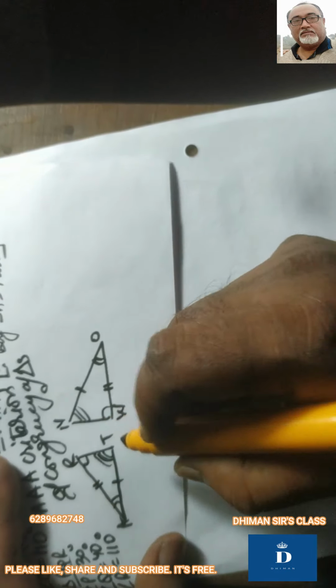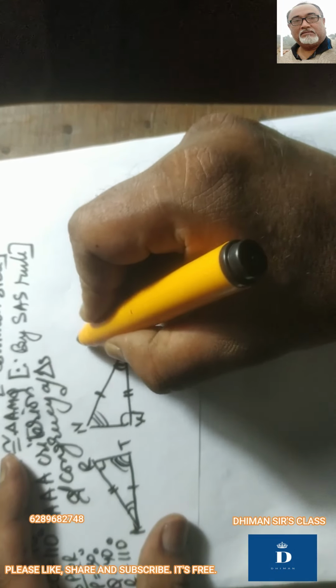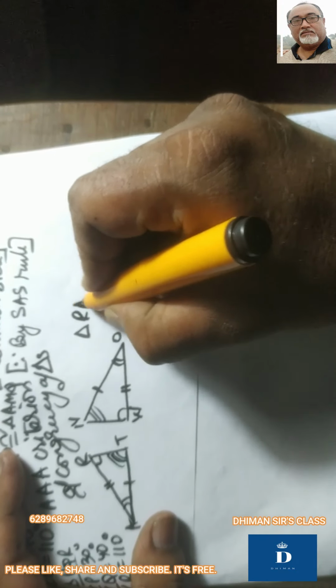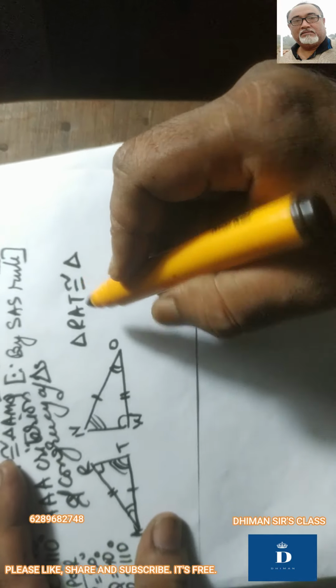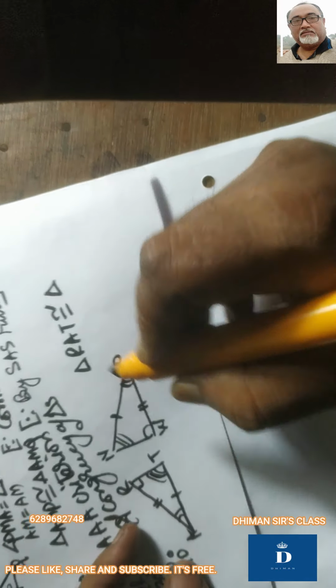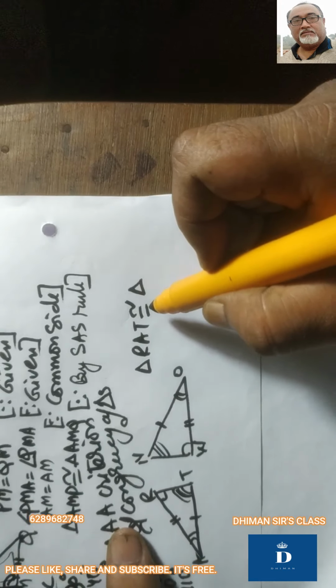Now, if these two triangles are congruent, how would you write it if triangle RAT is given? RAT is congruent to which triangle? Here again, I explained this in my previous video. You must maintain the sequence while writing this congruency.